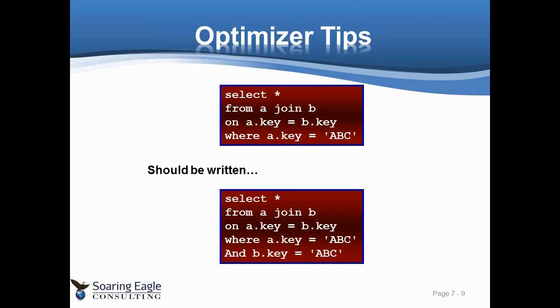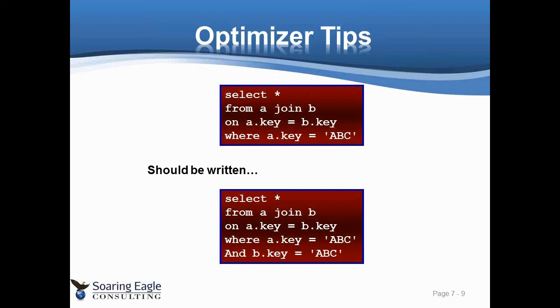But here's the catch. If A.key is equal to ABC and A.key is equal to B.key, we also identify that in order for this join to work, B.key also has to be equal to ABC.